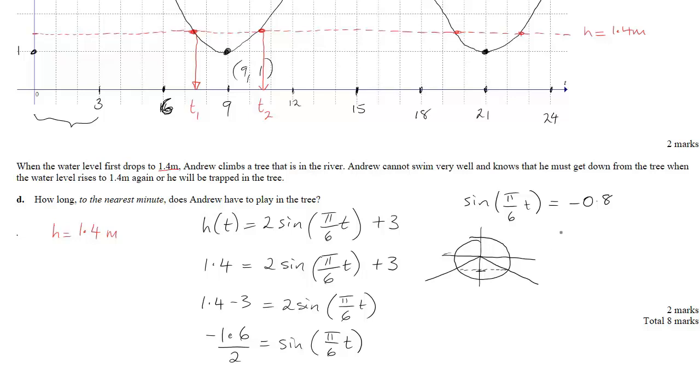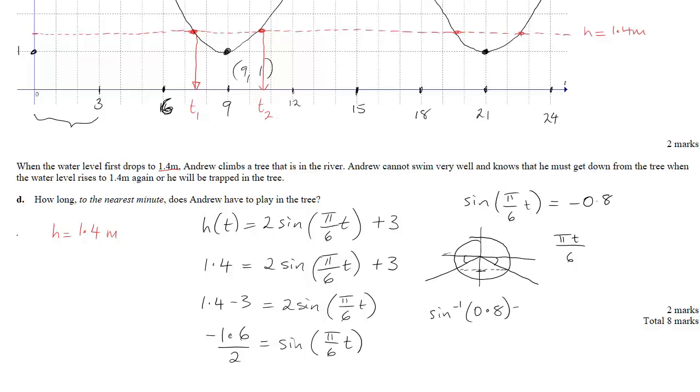So it is important to obtain our base angle. By obtaining our base angle, we can work out the angles here. We'll just go sine inverse of 0.8. It's not important to go negative 0.8 because we've already identified where our solutions are negative.